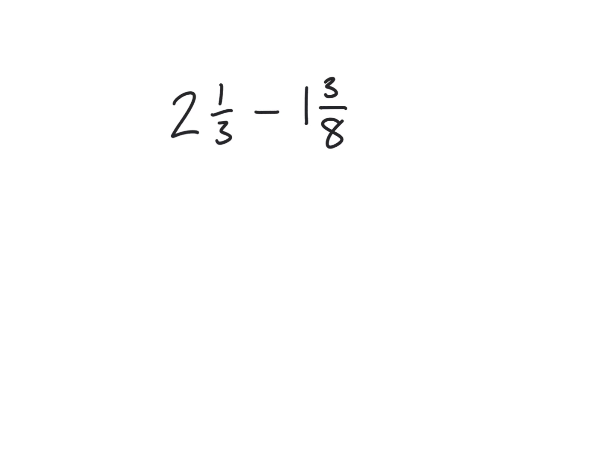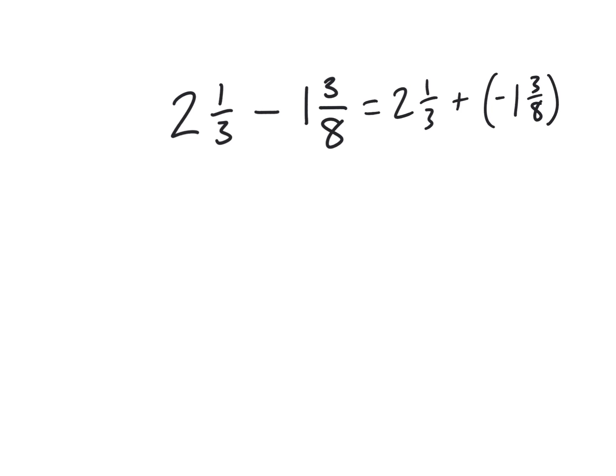Now here's another example where we have different denominators, but we're going to approach it the same way to start. First thing I want to do is convert my subtraction problem into an equivalent addition problem. So 2 and 1/3 minus 1 and 3/8 is equivalent to 2 and 1/3 plus the opposite of 1 and 3/8, which is -1 and 3/8.